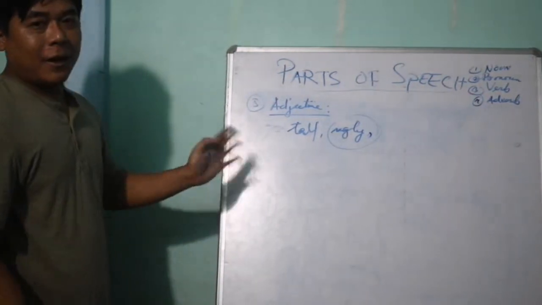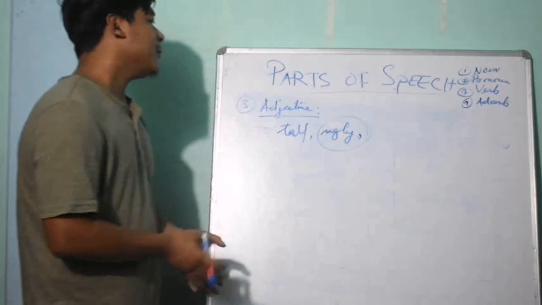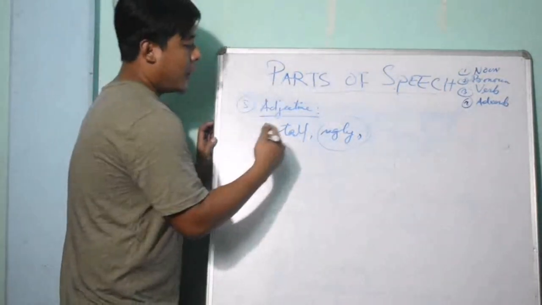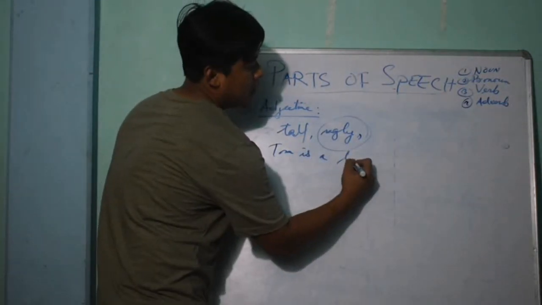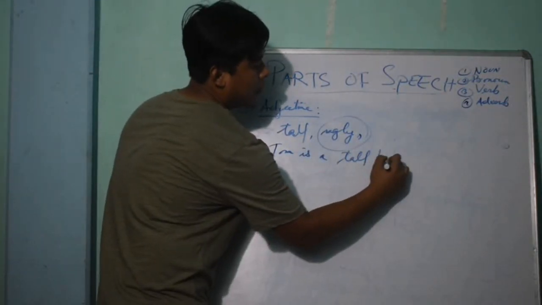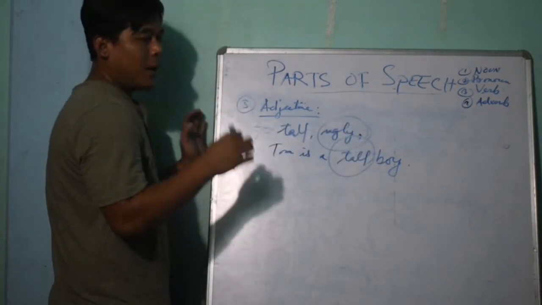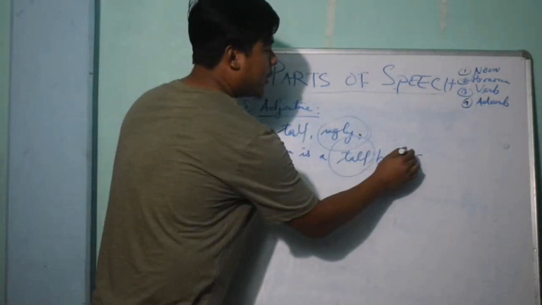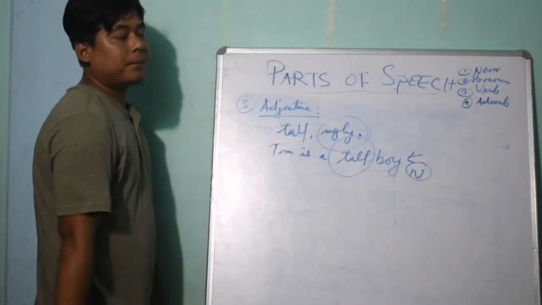Alright, adjective. It gives you more detailed information about a noun or a pronoun. Tom is a tall boy. So, tall is the word that gives you information about this boy. Boy is a noun.